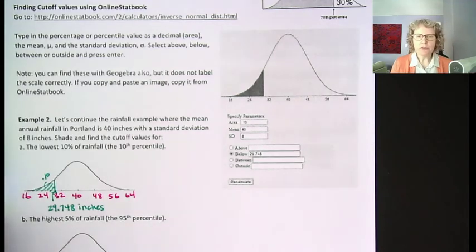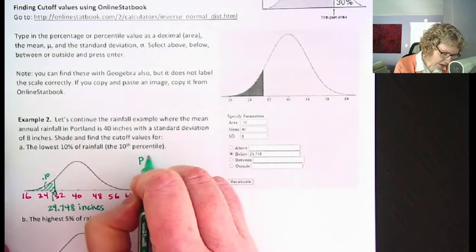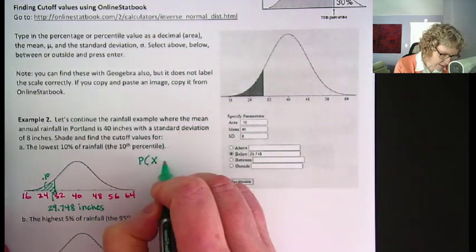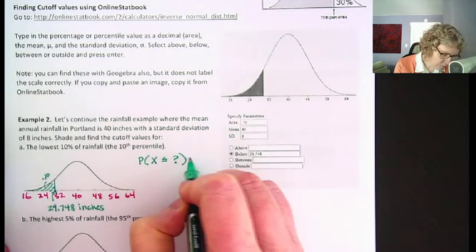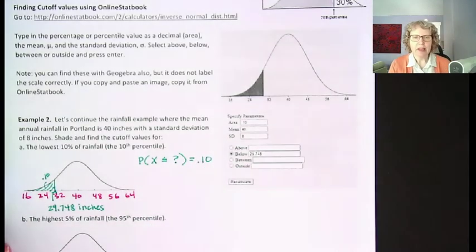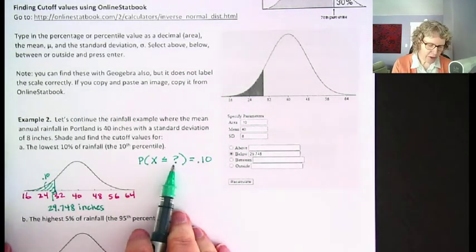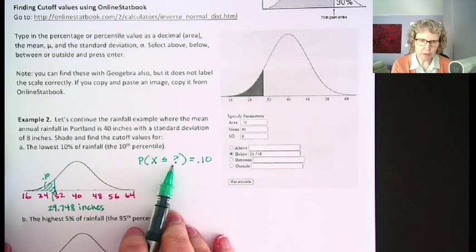Okay, so I want to show you how to write this out as a probability statement also. One way to write it is: the probability that x is less than or equal to what, with a question mark, equals 0.10. Before, we had this number and we were trying to find the area. Now we know the area and we're trying to find the cutoff value.